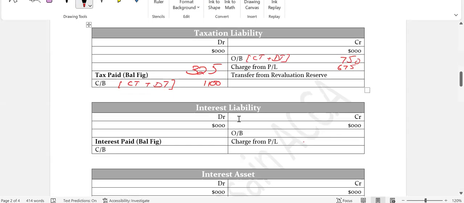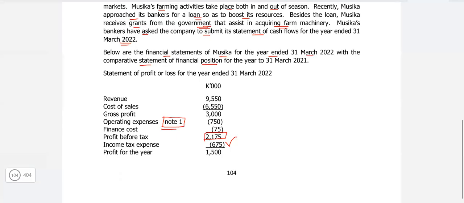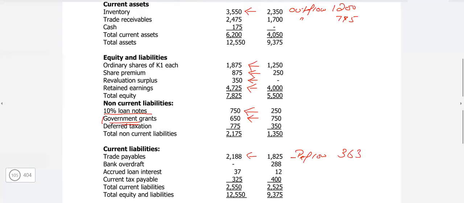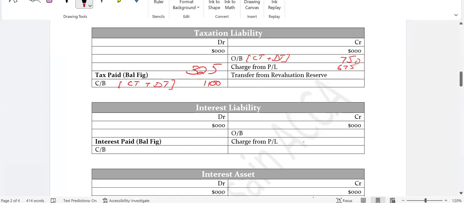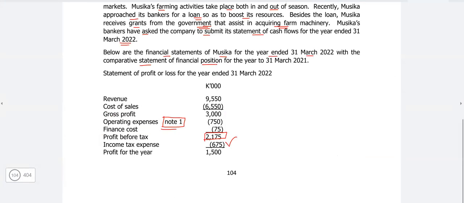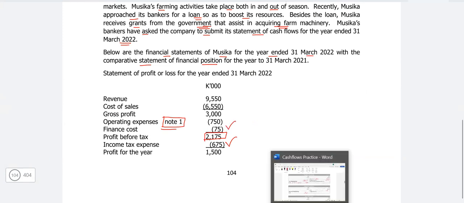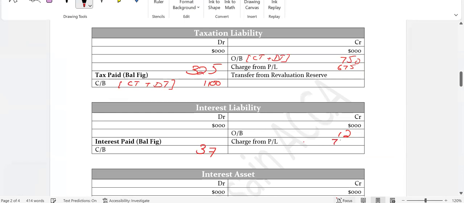Now, before going to that, we need to calculate the interest payable as well. Let's go to the statement of financial position. We have accrued finance costs. The opening balance is 12, closing balance is 37. And the finance cost charged in the statement of profit or loss is 75.